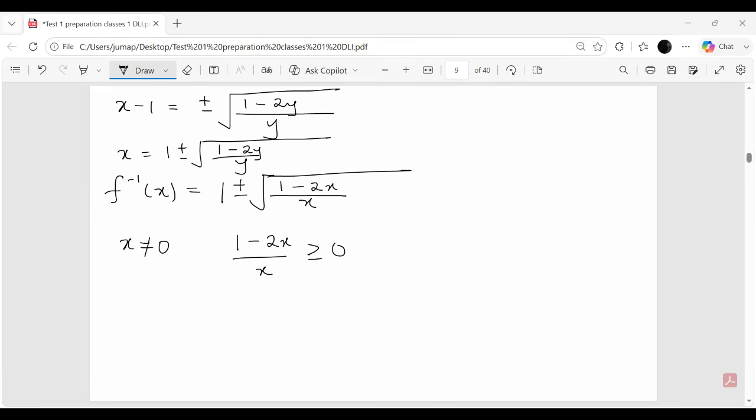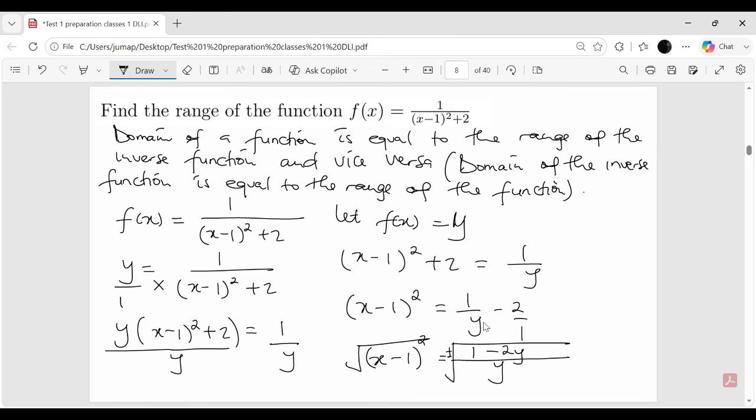Okay, some are okay, some are saying no. Okay, where have I lost you? There, where you were making x the subject of the formula. Okay, where here?